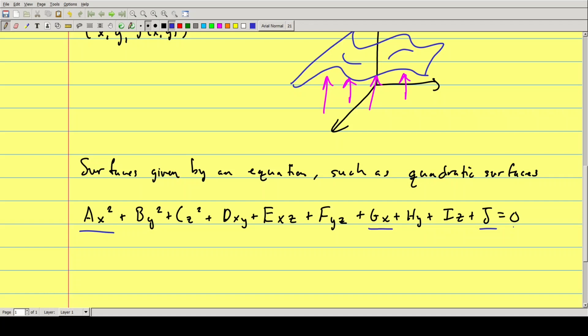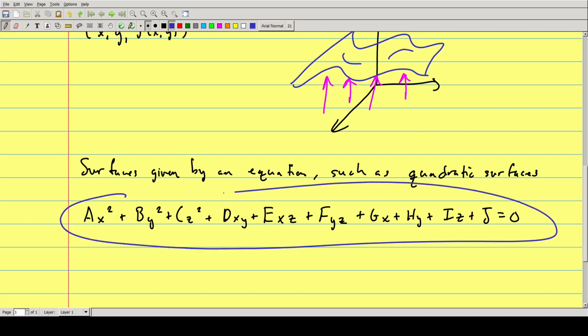All three of the variables are effectively independent. Okay, it's just a matter of whether or not they represent the locus of solutions, which is the technical term, but the set of points that satisfy the equation for the quadratic that make this true for particular values of a, b, c, d, e, f, g, h, i, j. Okay?